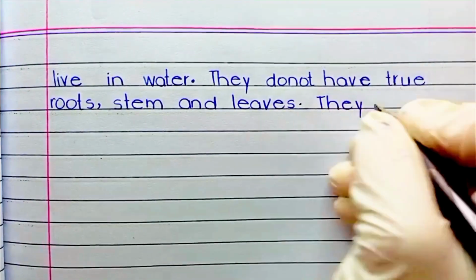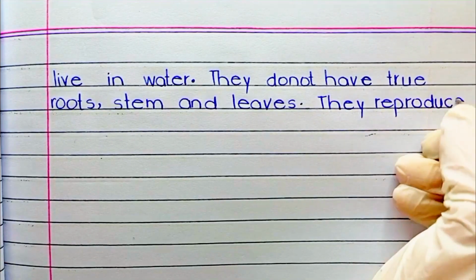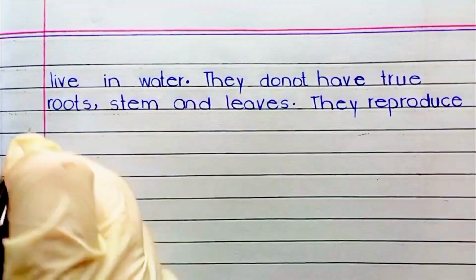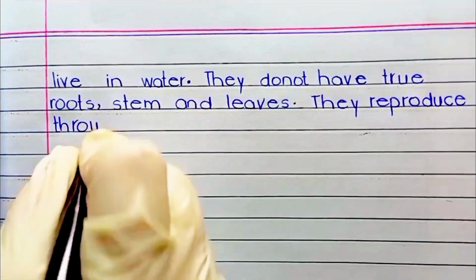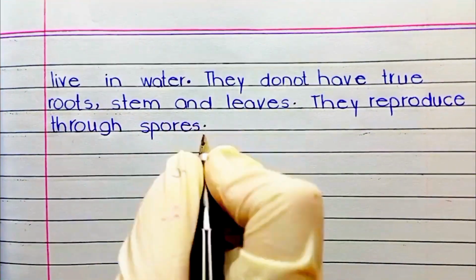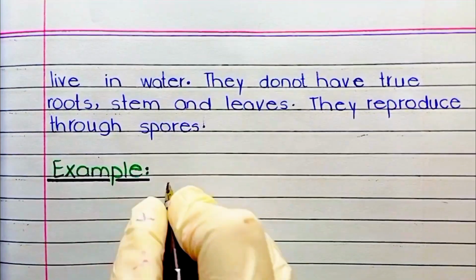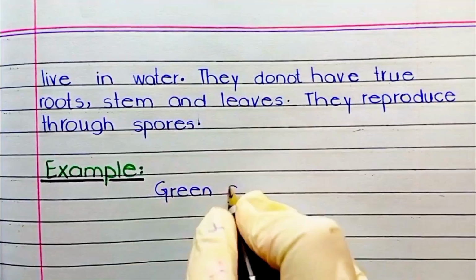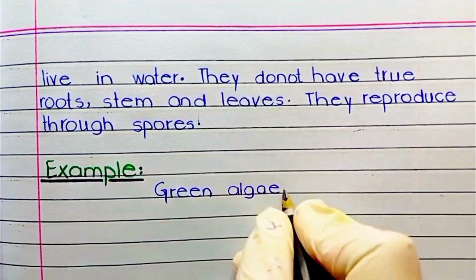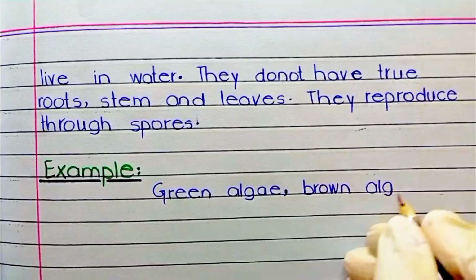They reproduce through spores. Examples of algae are green algae, brown algae, etc.